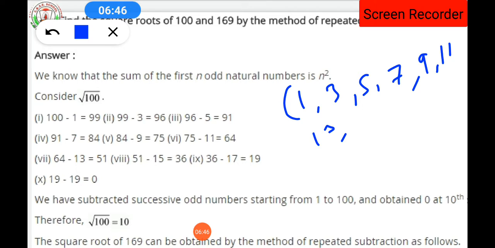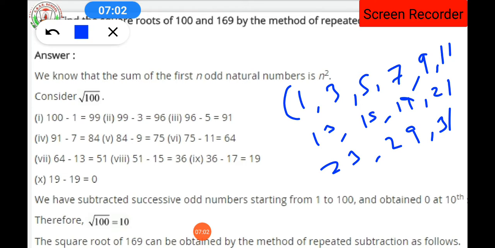Then you have to subtract it by 15, then 19, then 21. Okay, then the number next is 23, 29, 31. So whatever the numbers you are having, all the numbers will be subtracted by this.